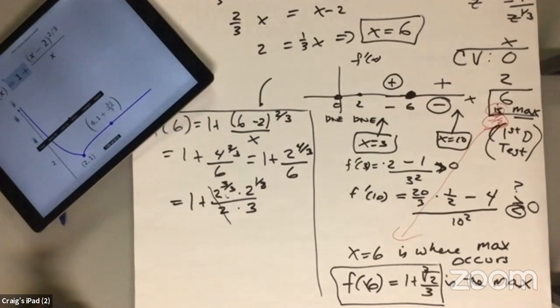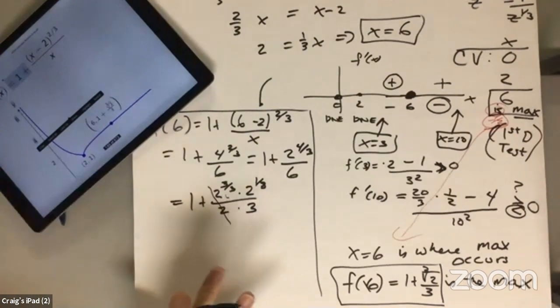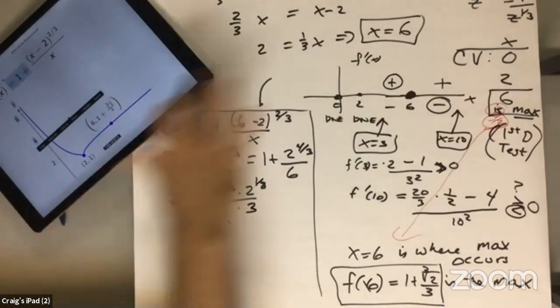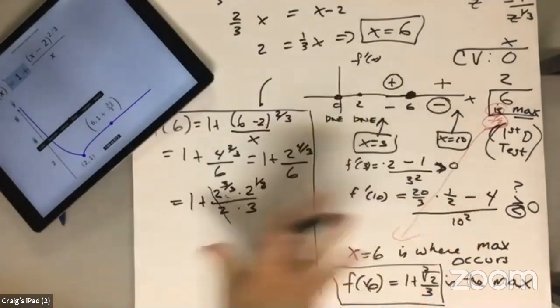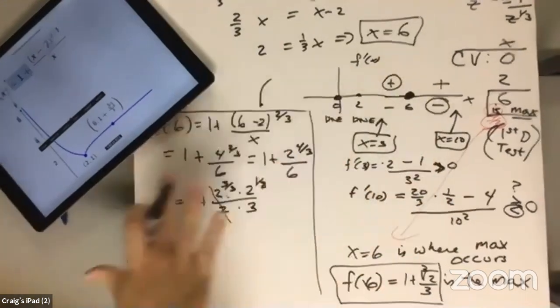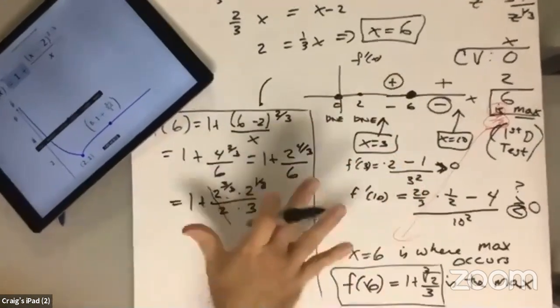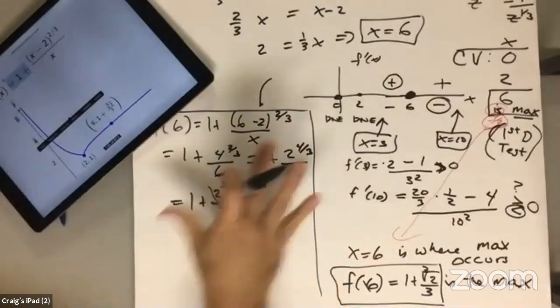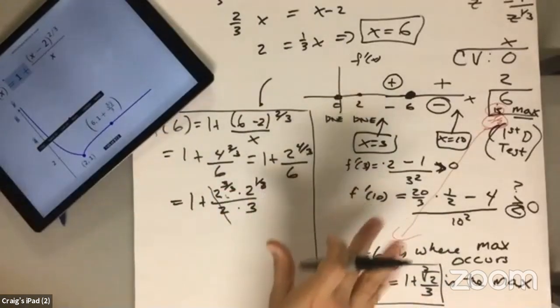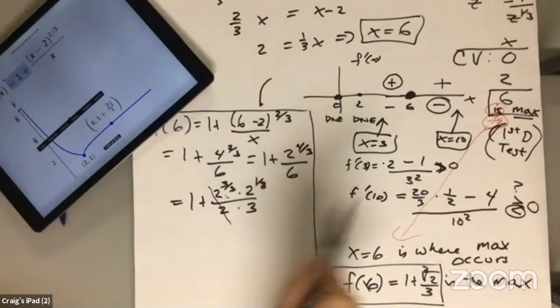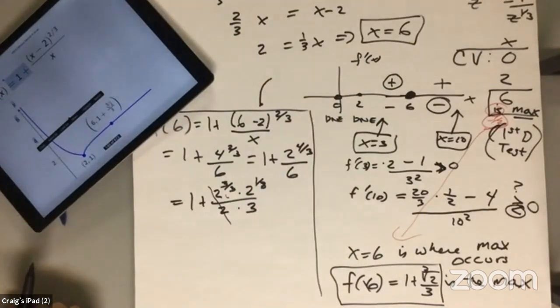Once you've done it 1,000 times, you're ready for physics class, because the physicists are much better calculators than the mathematicians. The physicists and engineers will skip so many more steps and leave you in the dust, and they do it for fun. They do it actually for efficiency's sake, but I think they get a little bit of a thrill out of it. So if you want to go on to a scientific career, you're going to want to practice this stuff a lot so you can keep up.